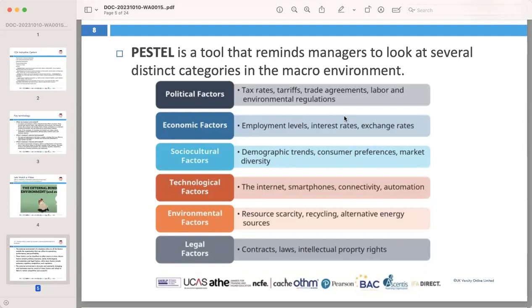Social cultural factors: demographic trends, consumer preference, market diversity. Technological factors: the internet, smartphones, connectivity, automation. And environmental factors: resources, recycling, scarcity, alternative energy sources. So legal factors: contracts, laws, intellectual property rights, or other legal implications.